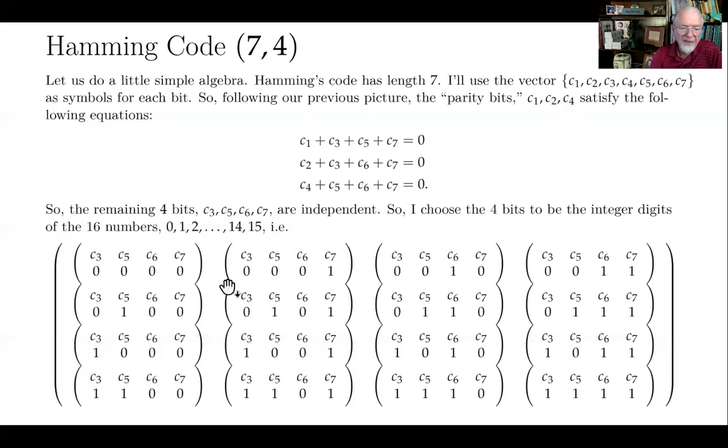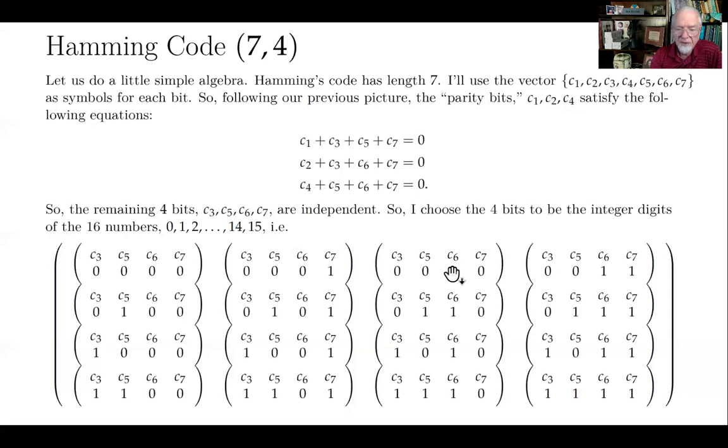You can see that, let's see, this would be 4. 1 times 2 to the 0 is 1, plus, no, that must be this one. All right. So this is 1.